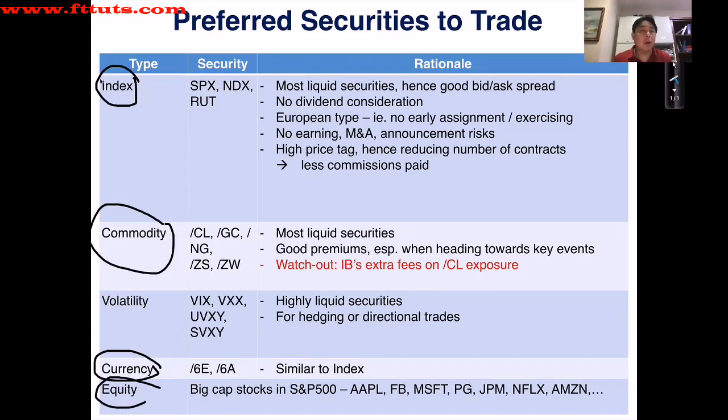So first of all, what's an index? So we can trade options on the index like the SPX, which is the S&P 500 index, the NDX, which is the NASDAQ index, and the Russell 2000 index. There's an index for these small cap stocks in the market. So we prefer to trade the index rather than individual stocks.